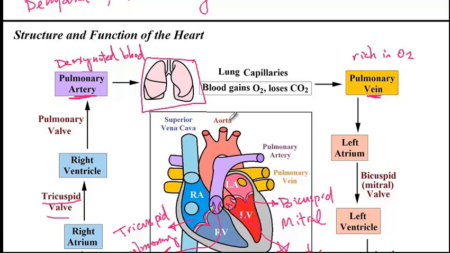So oxygenated blood via the pulmonary vein returns to, can you tell me where? The left atrium. Left atrium pumps blood into the left ventricle, and then bicuspid or mitral valve prevents backflow of blood. Then left ventricle finally pumps blood into the aorta.